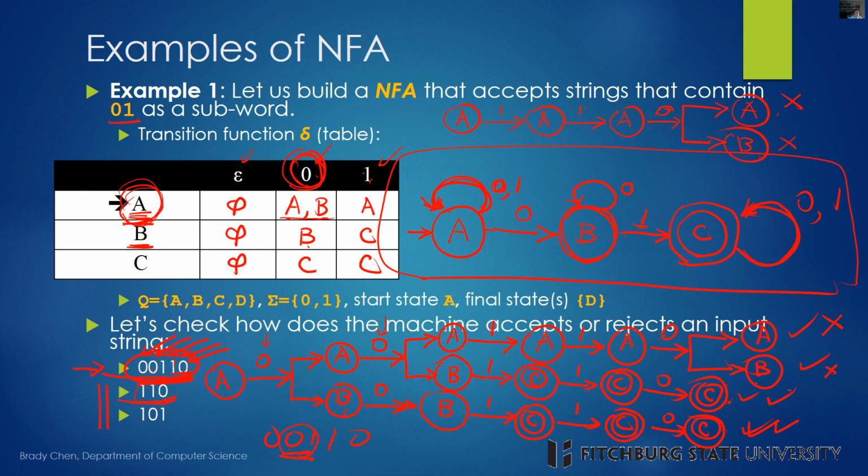It's going to accept the strings that contain 0, 1 as a subword. So the answer for non-deterministic finite automata is not unique. That's just one of the answers. You can find another one which also does the job.